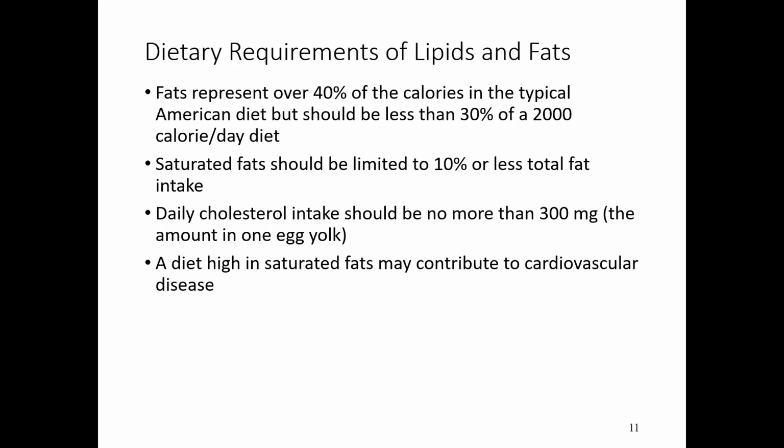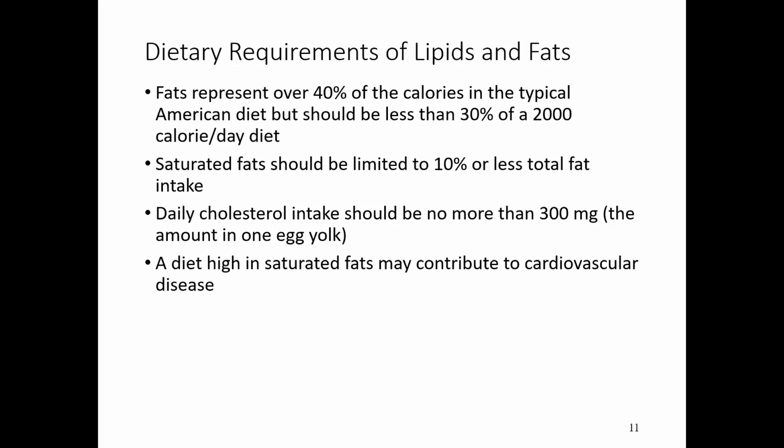Now the saturated fats, where we have no double bonds, should be less than 10%. So of the 600 calories a day that we take in fat in a healthy diet, only 200 calories of that 600 should be from saturated fats.